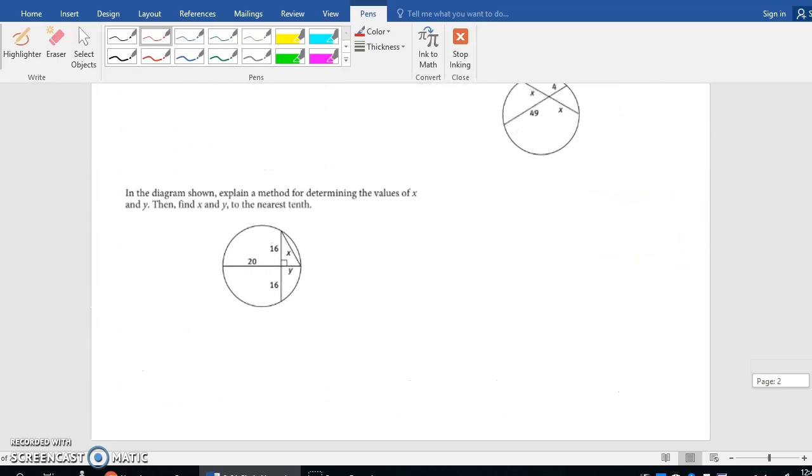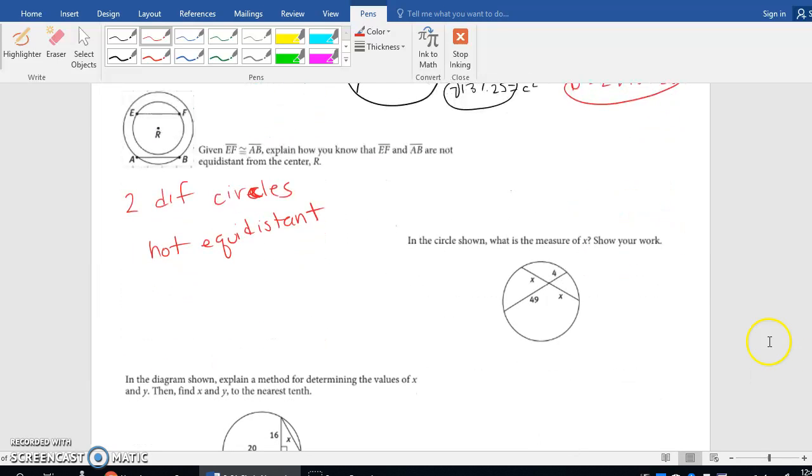So all we have to do is x times x equals 49 times 4. X times x is x squared. 49 times 4 is 196. Get rid of the squared by square rooting. X equals 14. Boom. Easy.